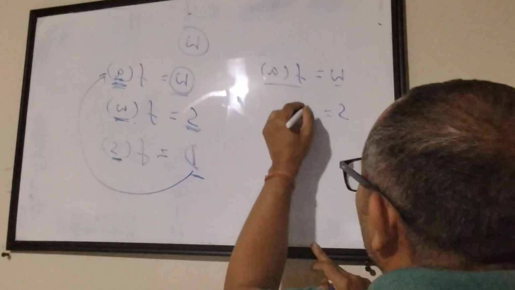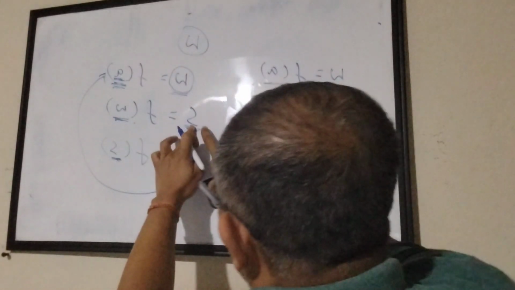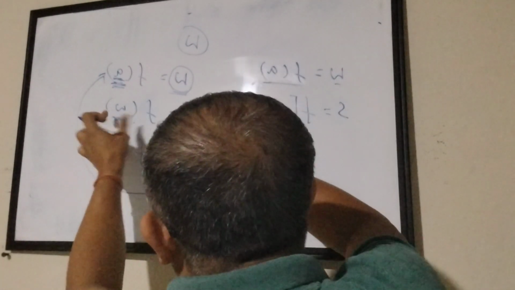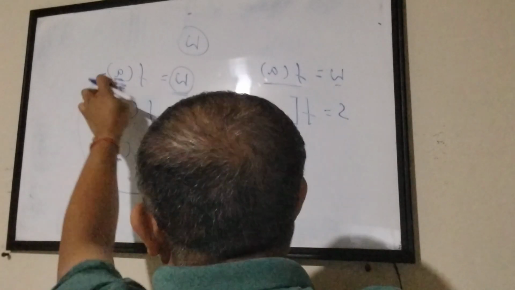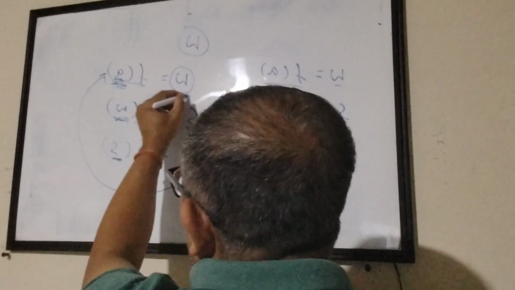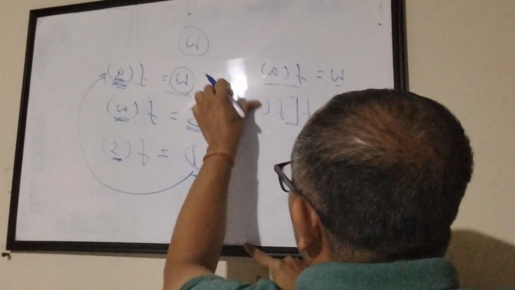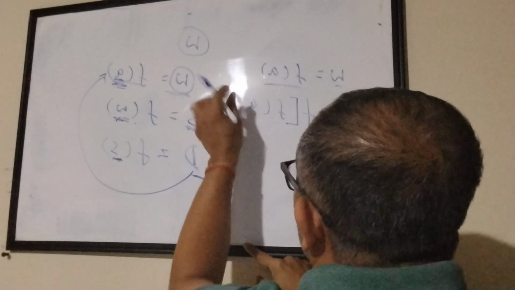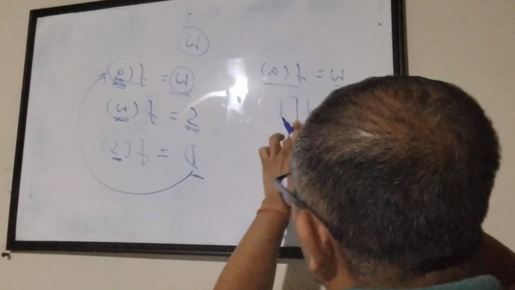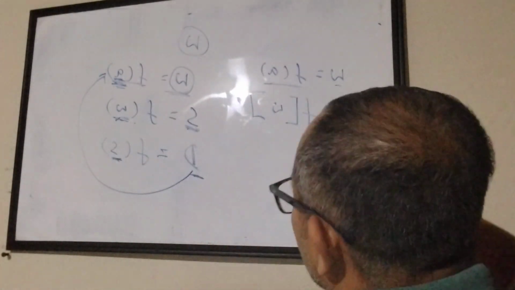The size of trouser is a function of weight, and this weight is a function of this. So in place of W, I'll replace it with this thing. Size of my trouser is a function of weight, which is written here.